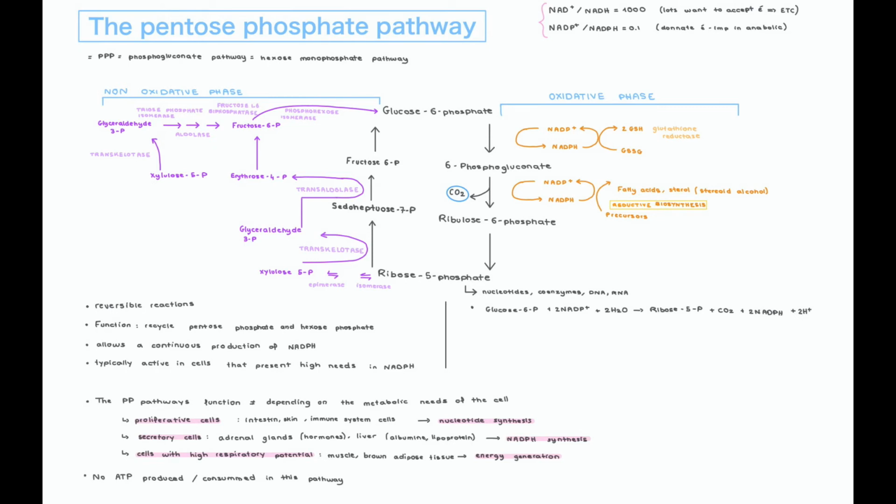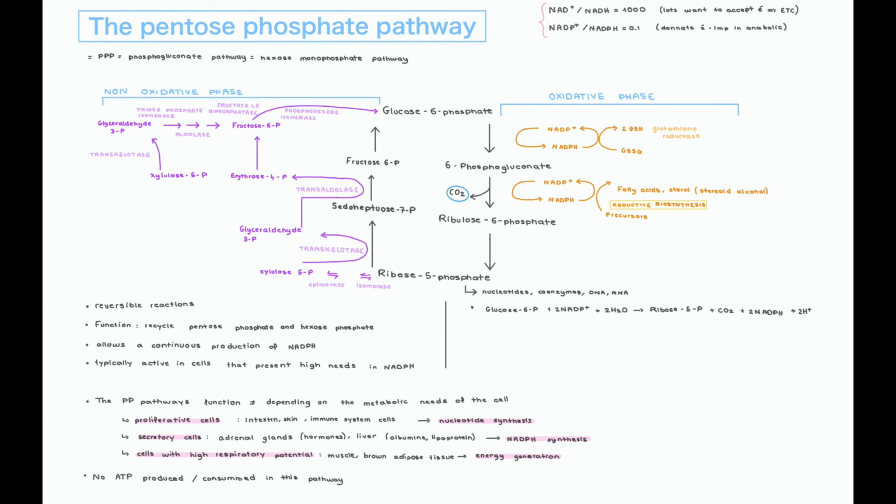Now, NADPH is not to be confused with NADH, which is a molecule that's used more in glycolysis and things like that. At the very top, I've written down the ratios of NAD+ to NADH per cell, which is about 1,000, and the ratio of NADP+ to NADPH, which is only 0.1.